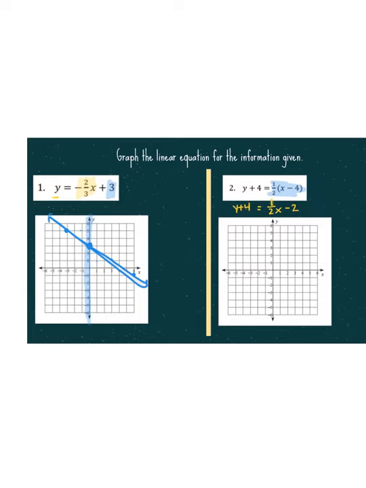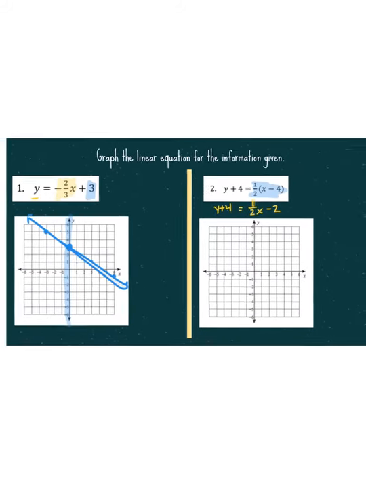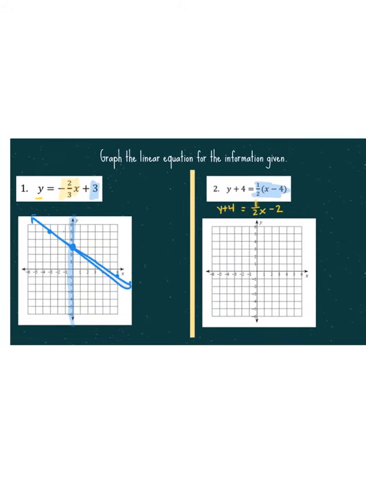Okay, when I look at that, my y is not by itself still. It still has a plus 4. So in order to get rid of that 4, I'm going to take 4 away on the left side. If I take 4 away on the left side, I also have to take 4 away on the right side. Remember, it doesn't have an x with it, so when you take it away, it has to be by the constant.